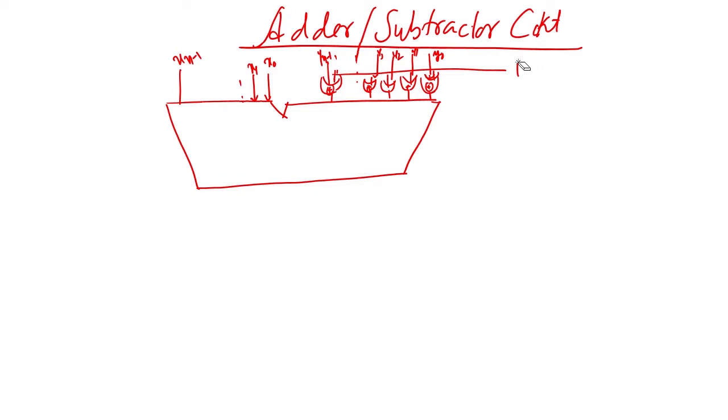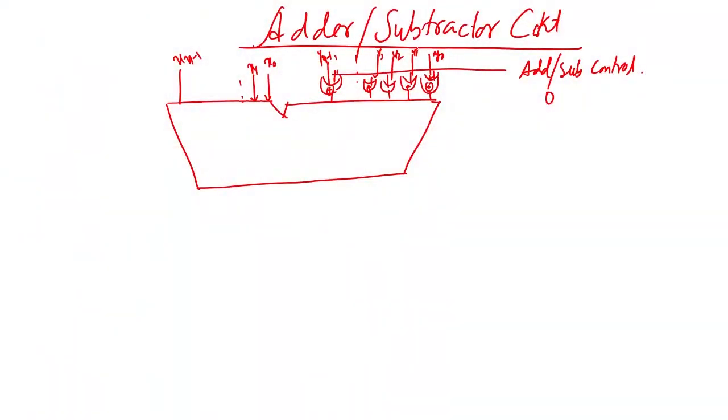This value is called the add or subtract control, whether you want to add or subtract. For addition you put 0, then the value stays the same after XOR with the inputs y 0, y 1, y 2, so you are directly adding. If you want to subtract, it will take the 2's complement of this value. So, you put 1.